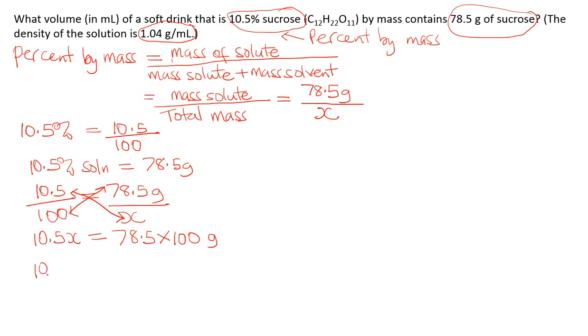X will be given by 10.5x divided by 10.5, which is equal to 78.5 times 100 grams divided by 10.5. So this and this will cancel. Now if I do my calculation right, 78.5 times 100 divided by 10.5.